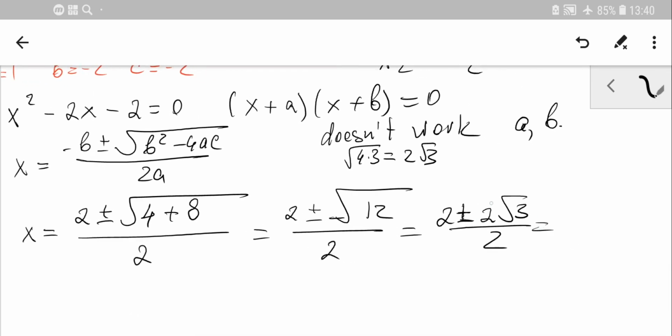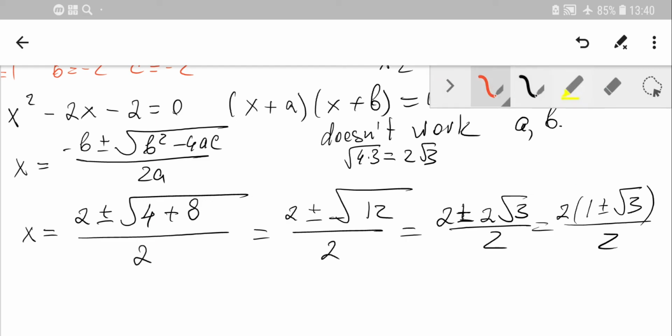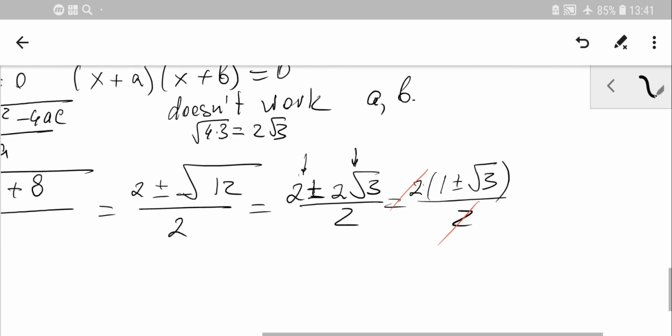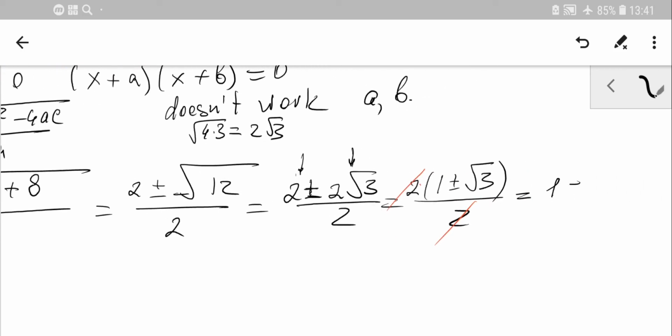So actually it's forbidden to cancel like that because you remember it doesn't work, so you need to factorize first, and then you can cancel by 2. So now canceling works because on the top you have factors, but not terms that you add or subtract as in this case. So finally you'll get the solution in the form 1 plus minus square root of 3.